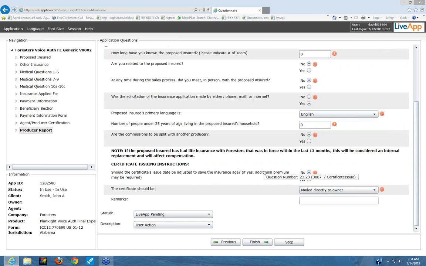Number 1 is the MIB report, and the other is the pharmaceutical report. These reports are part of the underwriting and will verify that all the information you've given regarding your health is accurate. For example, you told me you don't have cancer. Well, by running these 2 reports, they'll be able to verify that. They will be asking for your permission, but these are the 2 reports they're going to be running to help with the underwriting.